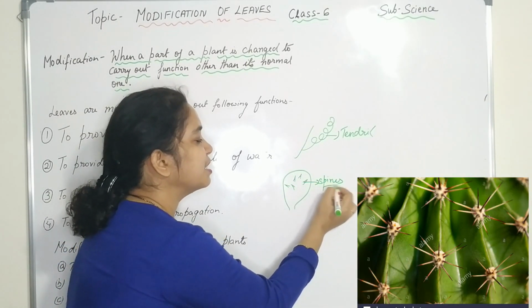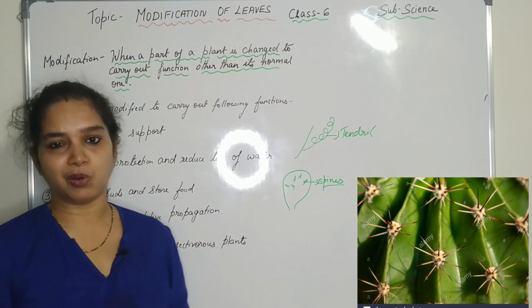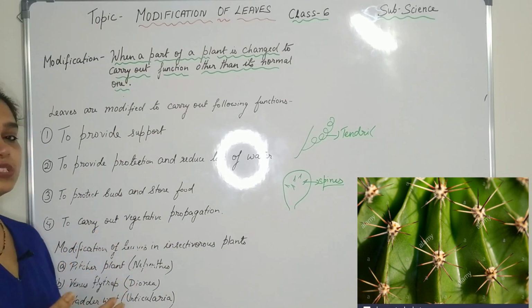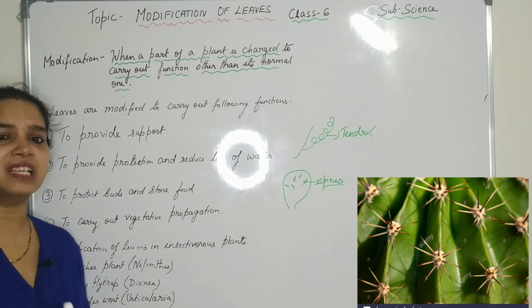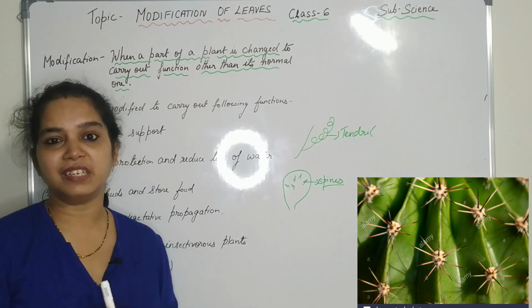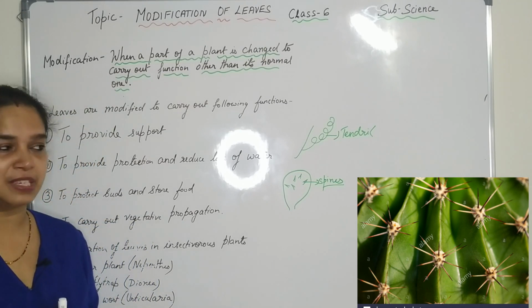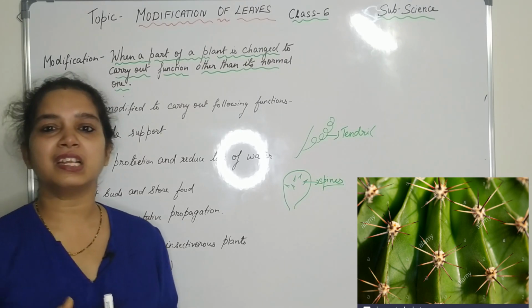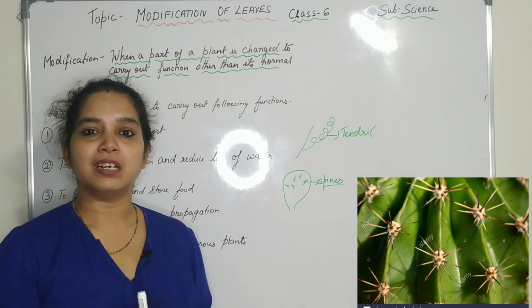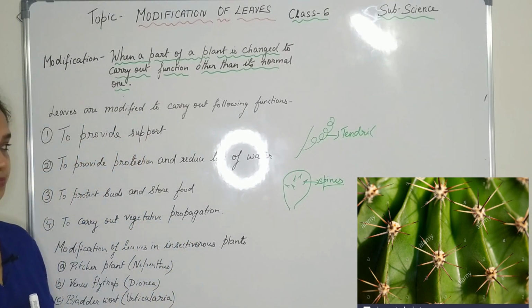These are the modification of leaf so as to reduce the loss of water. It reduces the loss of water because it contains very few stomata. We have studied in the earlier chapter that leaves contain stomata so that the exchange of gases takes place. So it contains very few stomata and helps to reduce the loss of water through transpiration.